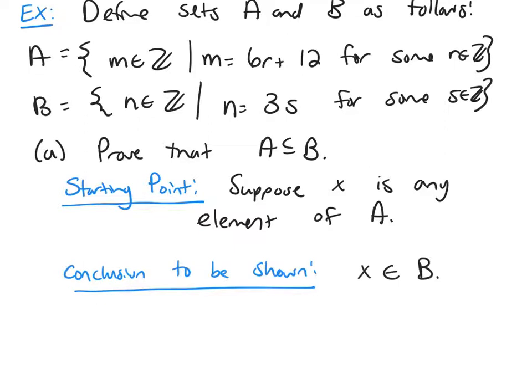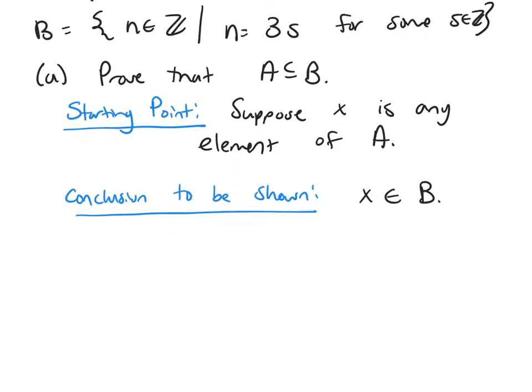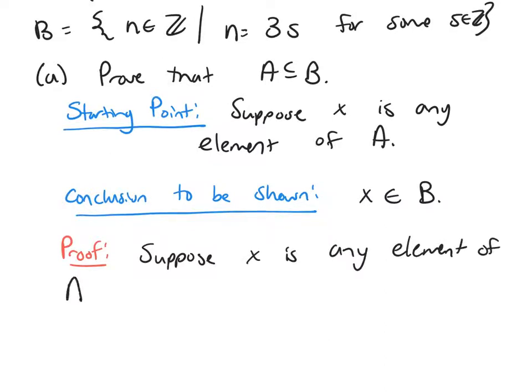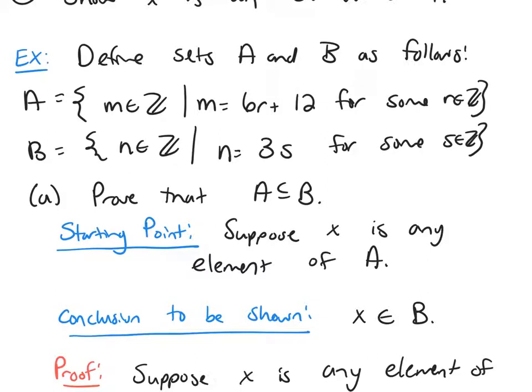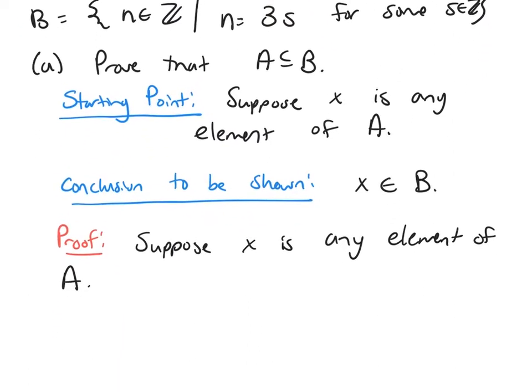So let's write this proof now. Let's start with our starting point. Suppose x is any element of A. And let's go back to our definition of these sets. That means I can write this element as 6 times some integer plus 12.